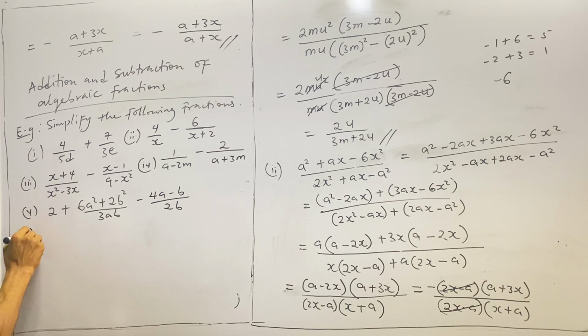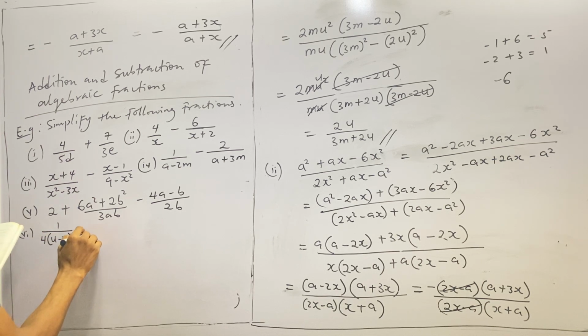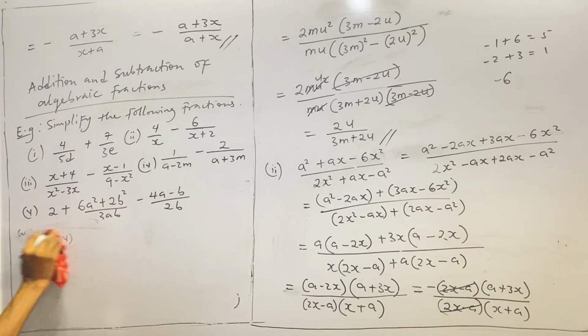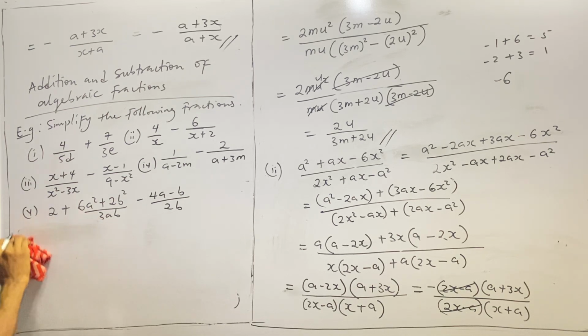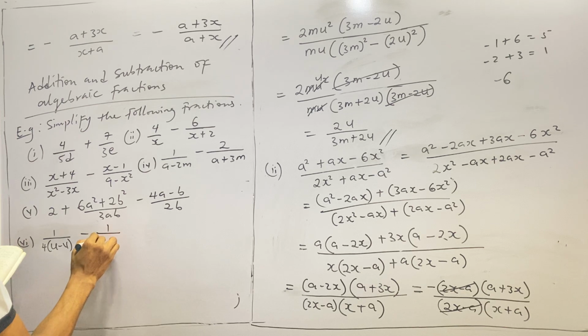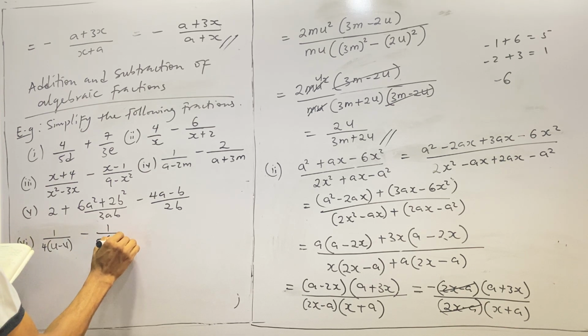So VI, we have 1 over 4 into u minus v minus 1 over 5 into v minus u.